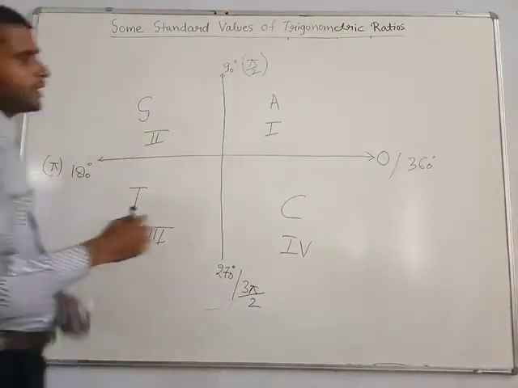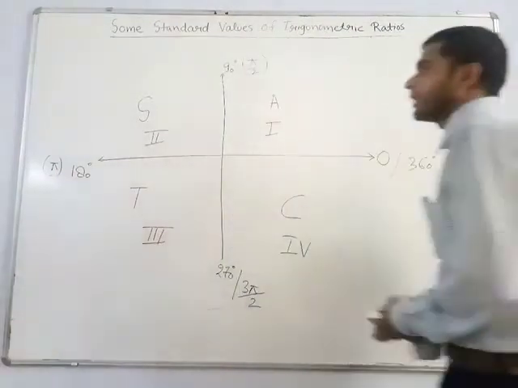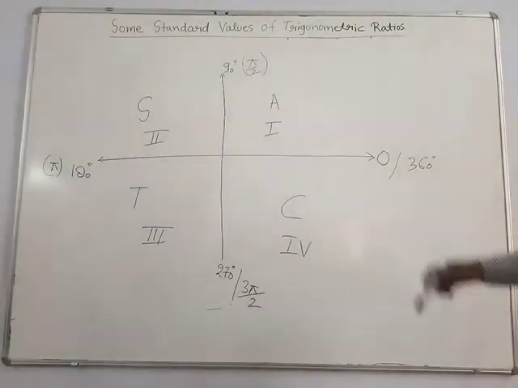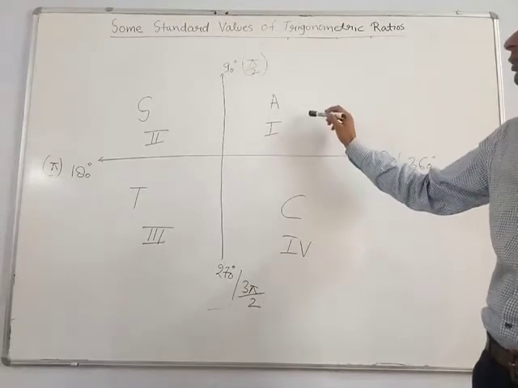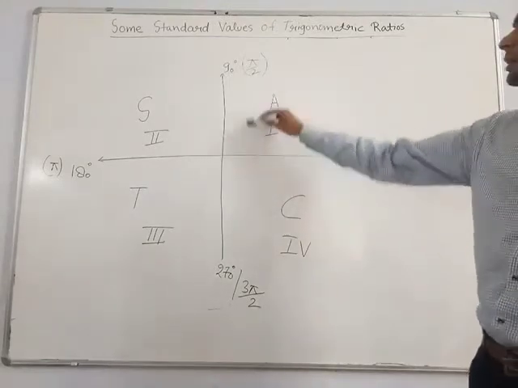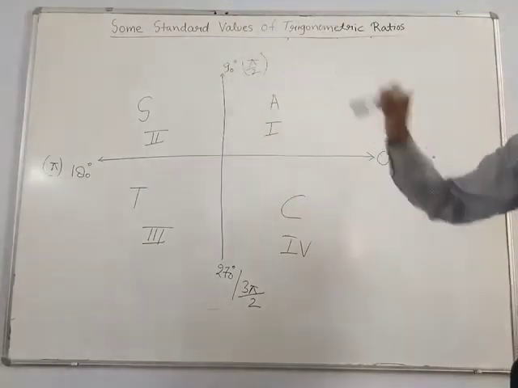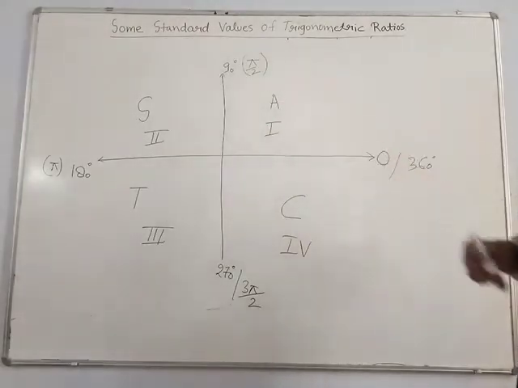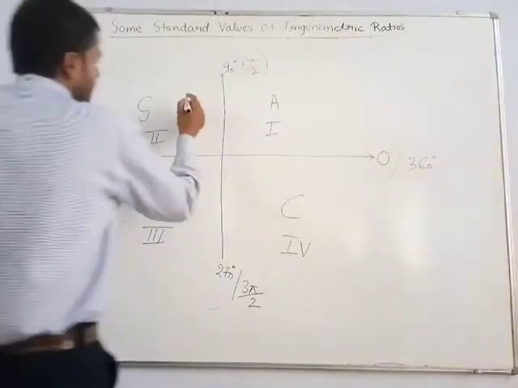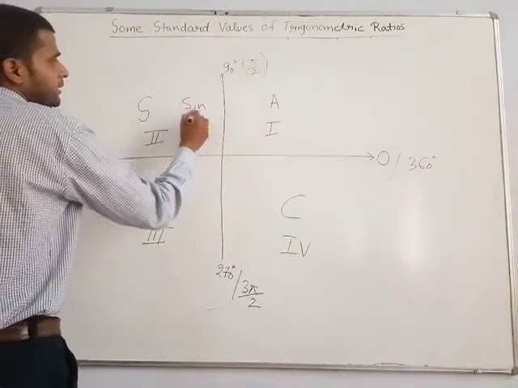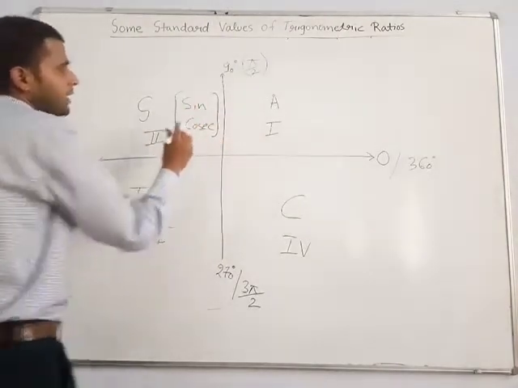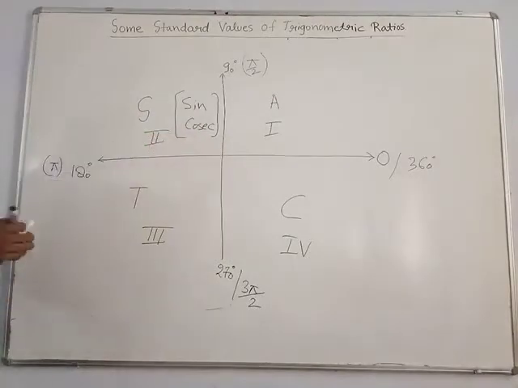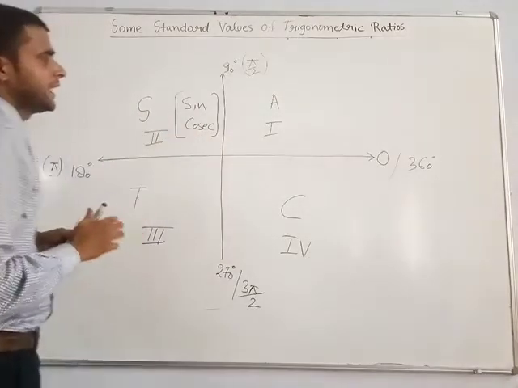In first quadrant, all 6 trigonometric ratios are in positive sign, means sin, cos, tan, cosec, sec, cot. But in second quadrant, S means sin, its derivative is cosec. Only sin and cosec are positive, rest are negative.